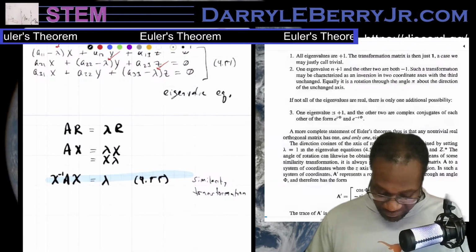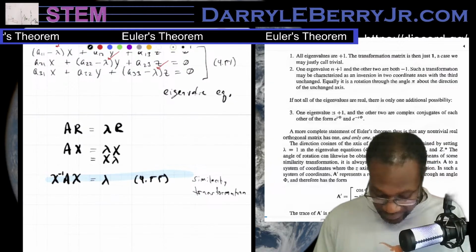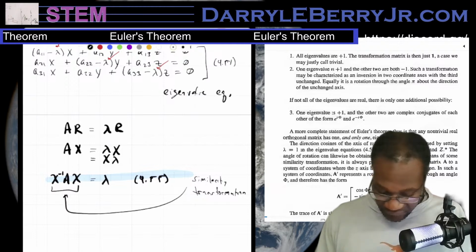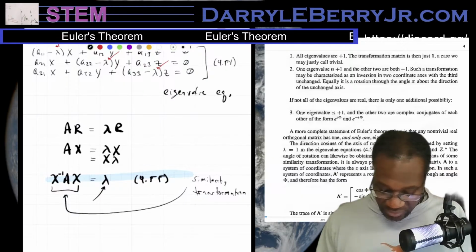This is what they're talking about from earlier. I just scrolled up and copied this formula down. This is the similarity transformation, where I have this vector x and I take the inverse of that vector on the left side of the matrix, the vector itself on the right side, and it outputs the eigenvalue of the matrix and vector.